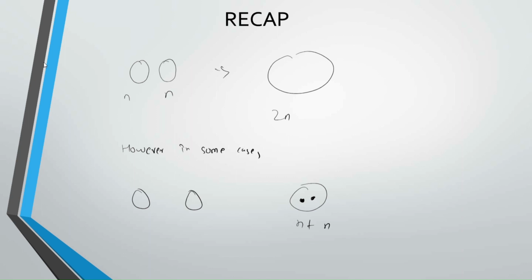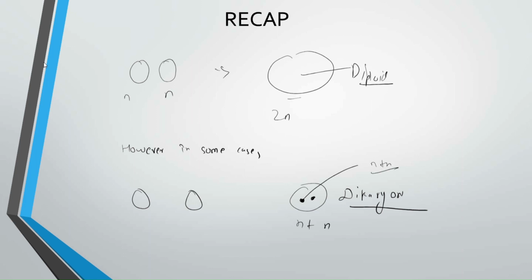This is a dikaryon. So dikaryon is an intervening dikaryotic stage where a cell has two nuclei. Here the nucleus is diploid, and here there are two nuclei which are haploid.